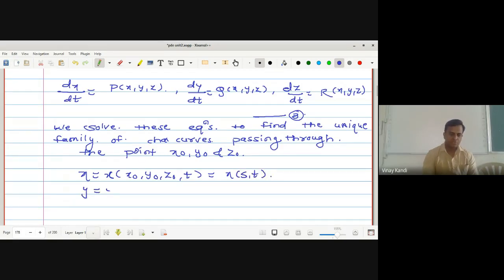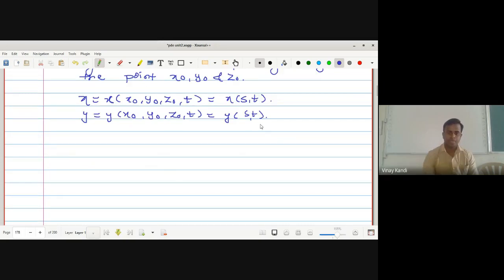Y is the function of x0, y0, z0, and t, which is equal to y as the function of s and t, in arbitrary, parametric form. And z is the function of x0, y0, z0, and t, which is equal to z of s and t.